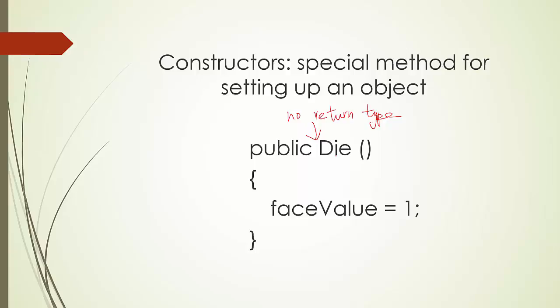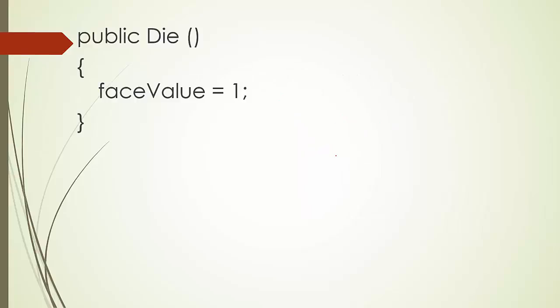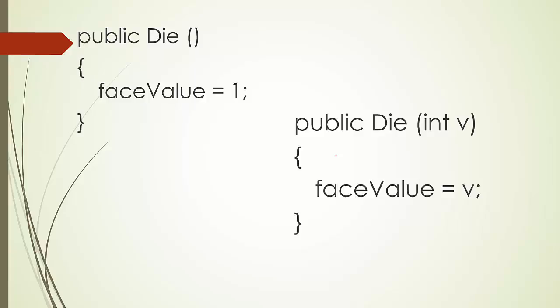We can define more than one constructor, but the parameter lists in these constructors must be different. For example, suppose we want to create a die with a specific face value specified, then we can define another constructor, like this one. You can see that this one has a parameter.